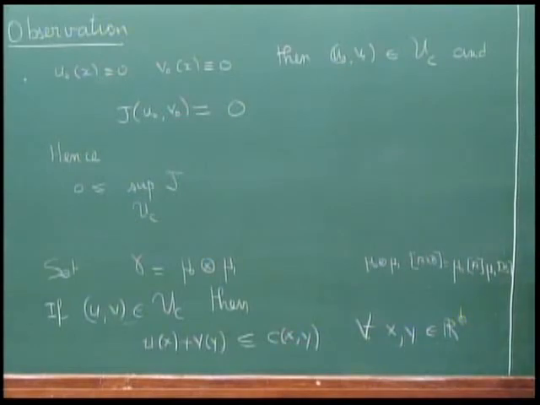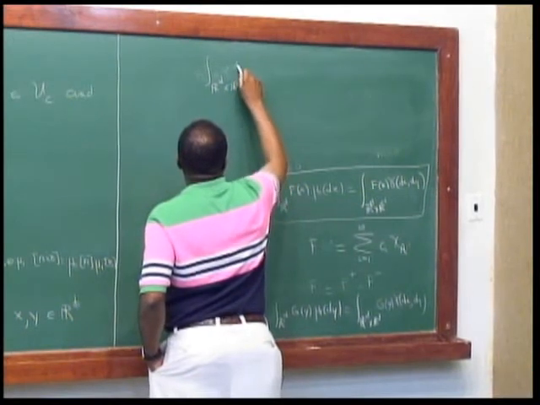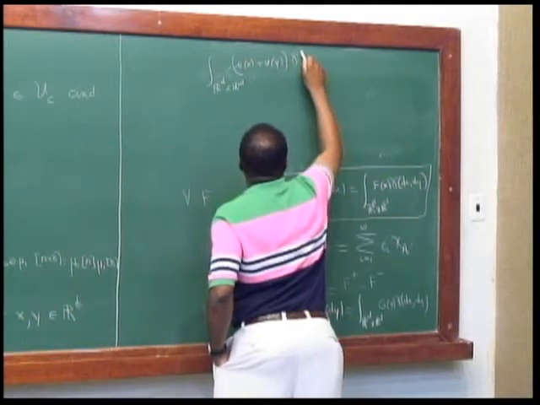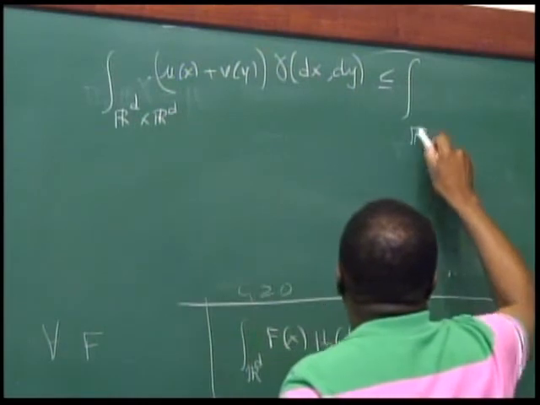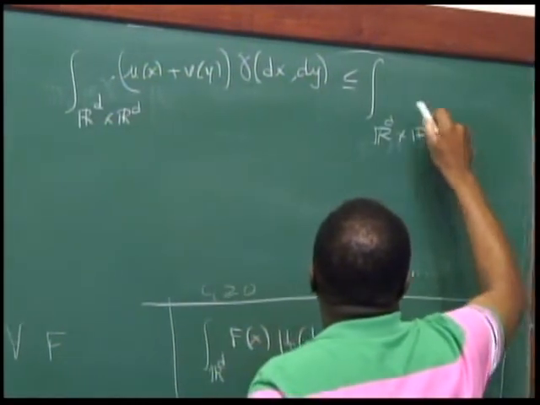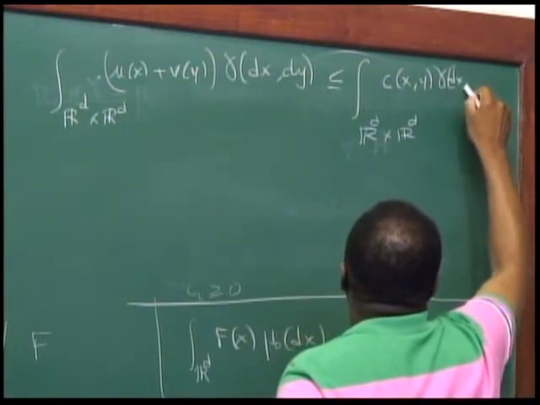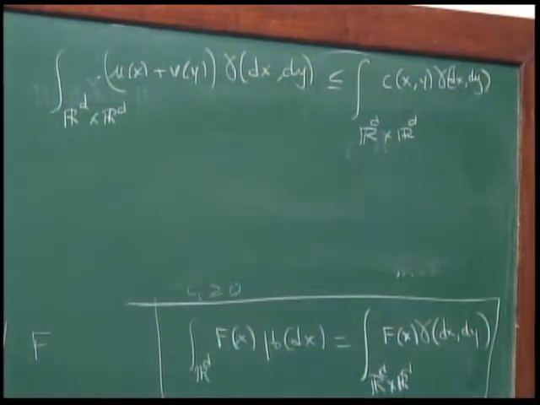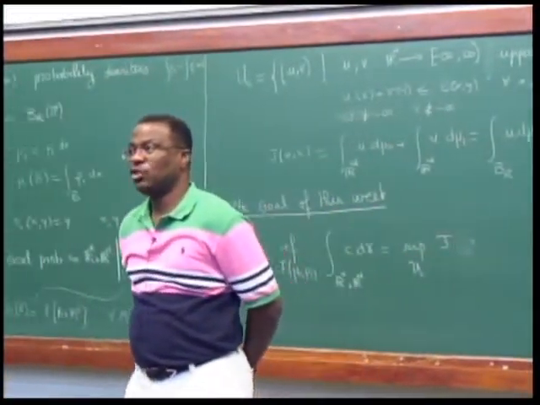So this will imply that the integral over Rd cross Rd of U of x plus V of y gamma dx dy will be less than the integral over Rd cross Rd of C xy gamma dx dy. So I have used the fact that UV is in UC.